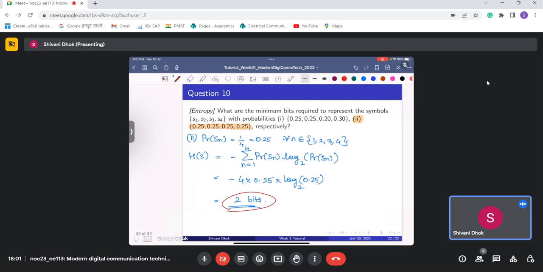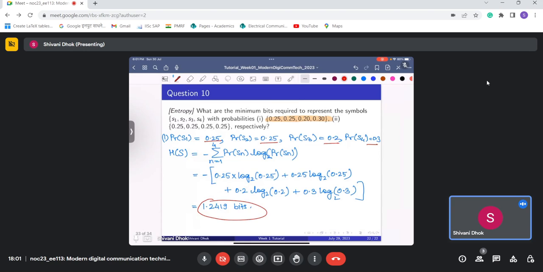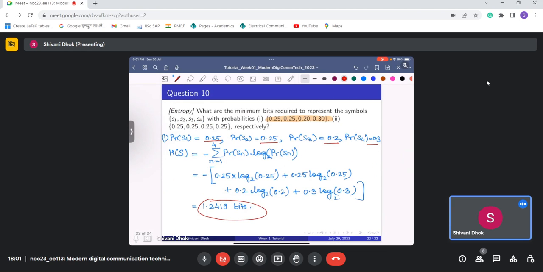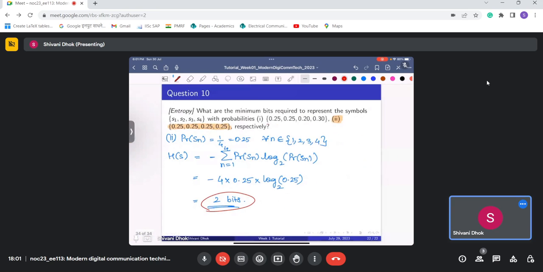This has a higher entropy value than the previous case, which means the equiprobable case involves more uncertainty compared to the case where some symbols occur more frequently than others. This entropy concept will be emphasized more when we go for source coding, which is the week 2 content, and I'll also take more examples and related concepts in the tutorial next week.